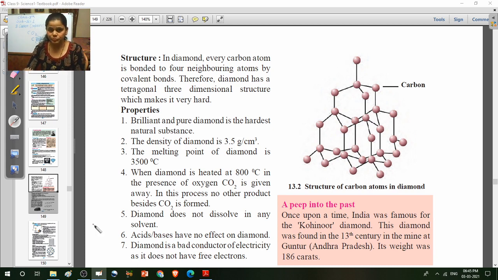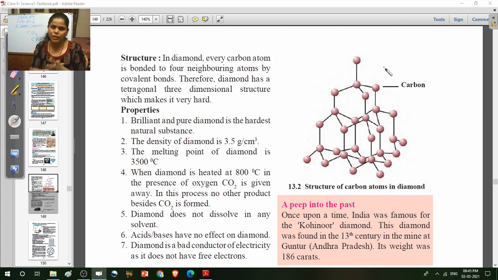You know what is necessary for electricity? If in any atom there are free electrons, because of the motion of electrons, the electric charge moves, electric current moves. But in the structure of the diamond, all the carbon atoms are bonded with four other atoms, that means they are stable.